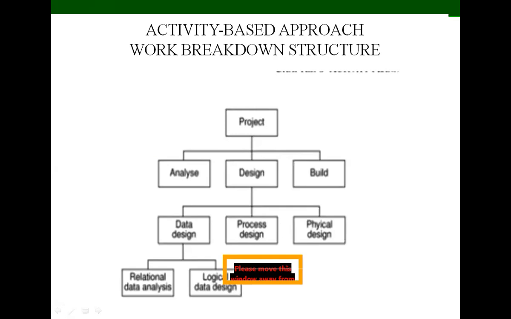Also, early in the project it can start shallow and be developed as information becomes available, for example in the project analysis and specification process. So this is about the activity based approach.